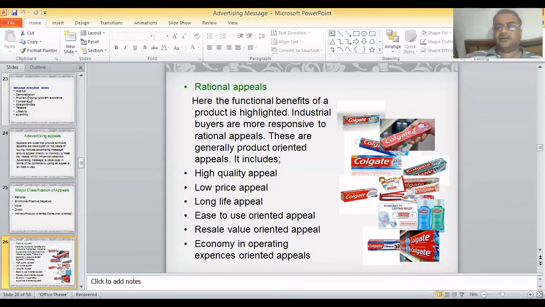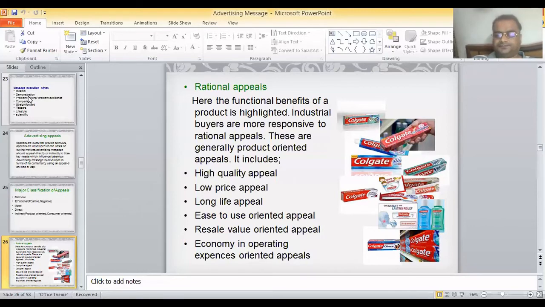Generally, when we go to a market to buy anything, for example, if we are looking at Colgate and maybe Close Up, and we find that Colgate is giving 20% more in a 100-gram tube, we will go for Colgate because at a relatively same price, we are getting 20% more.